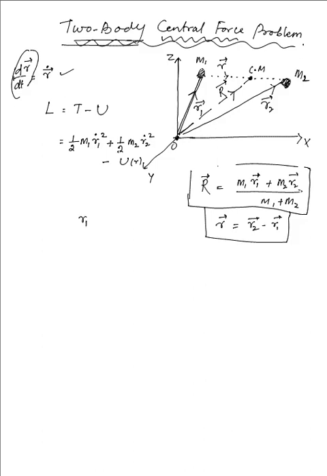What I'm going to give you right now is r1 with respect to this capital R vector: r1 is equal to R minus m2 times the r vector divided by m1 plus m2. This is the value of r1. What about r2? r2 will be equal to R, and in this case plus m1 r divided by m1 plus m2.